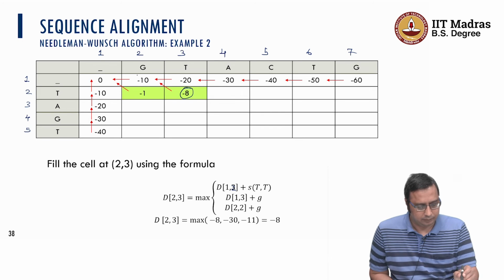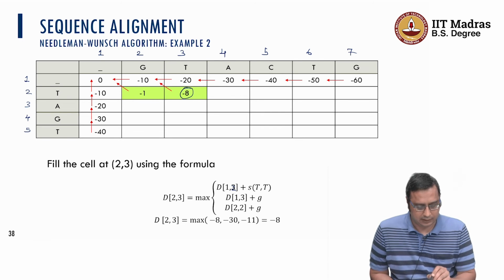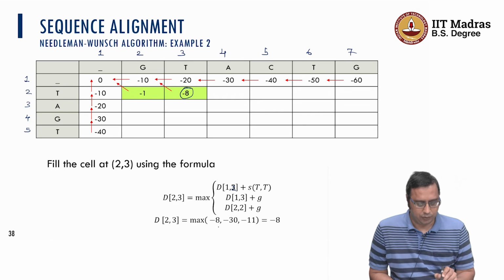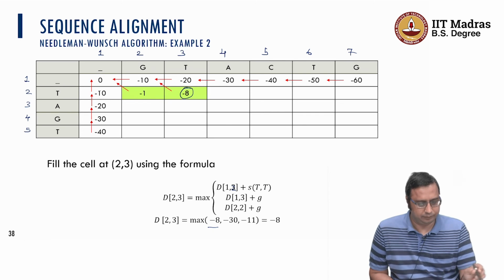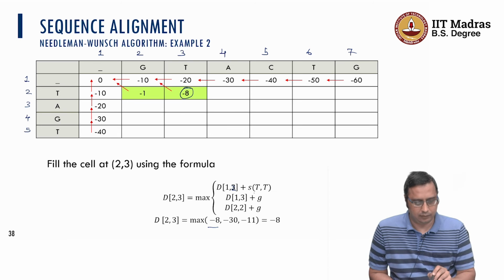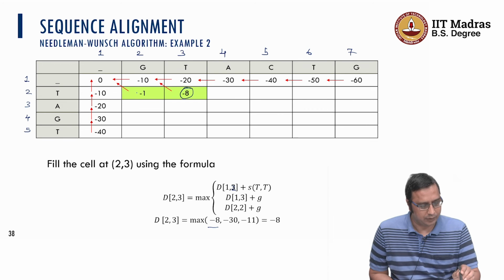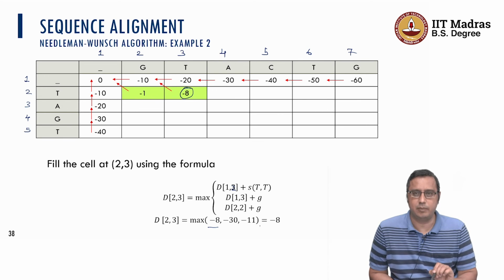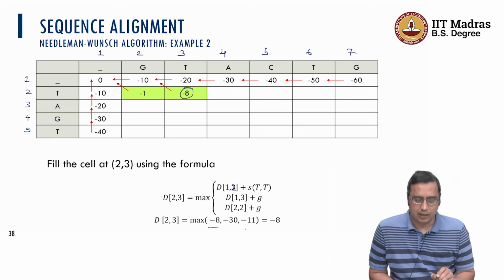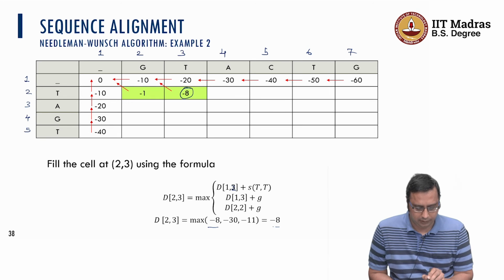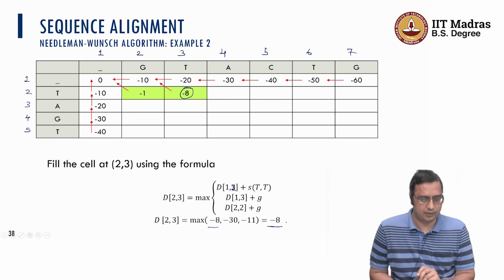So we have -10 plus aligned, which is 2, so -8 is the answer. Similarly, D13 is -20, T is aligned with a gap, which is -10, so we got -30. Here with D22, which is -1, and the gap which is -10, so we got -11, and finally we got -8 as the answer.